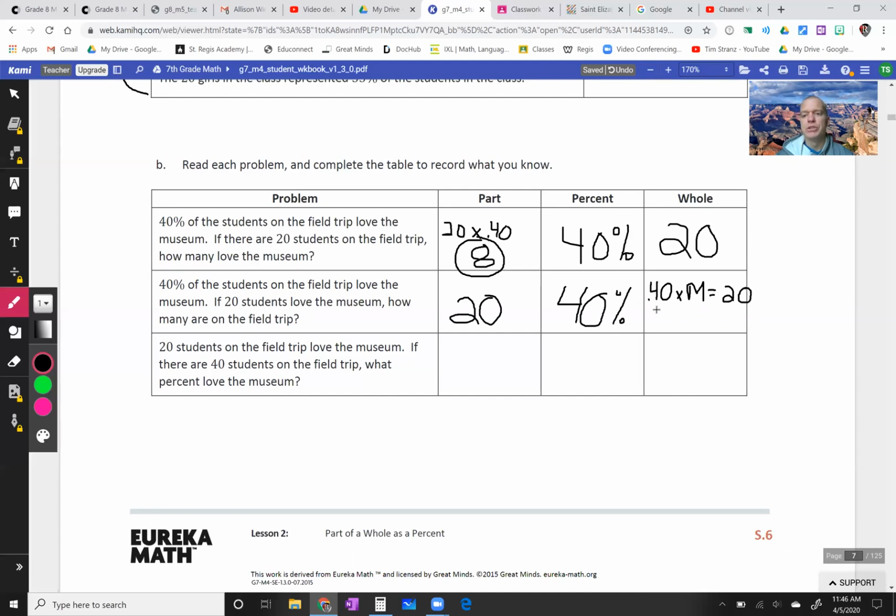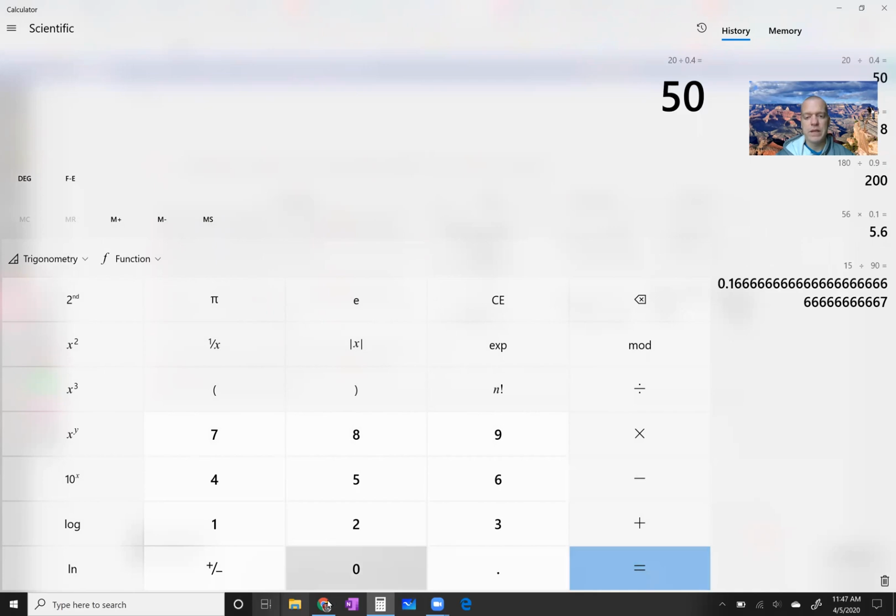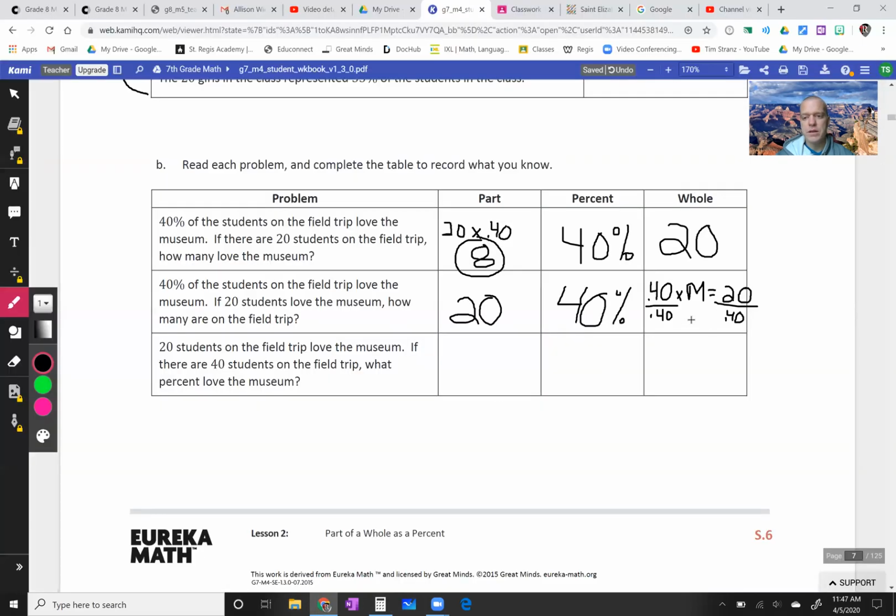To do that again, we need to get M by itself, so we need to divide by 0.40 on this side, and divide by 0.40 on this side. Look at this. 20 divided by 0.40, we get 50. So there are 50 total students.